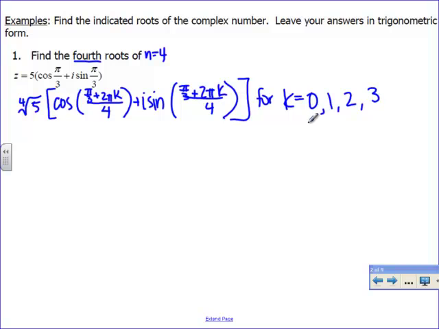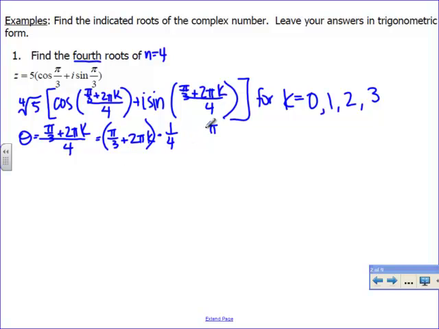From here, there are various ways that you can do this, but I find it easiest to solve for that theta first and get a common denominator so that I can just quickly plug in the k's to come up with my angles. So I'm going to think about my theta as pi over 3 plus 2 pi k all over 4. And I'm going to flip that 4 to the top and multiply, so it becomes pi over 3 plus 2 pi k times 1/4 instead of dividing by 4.